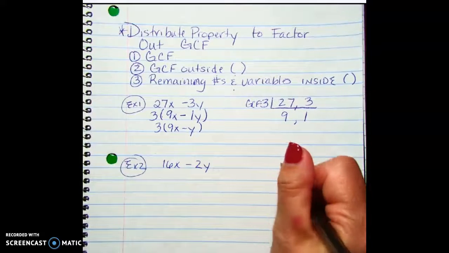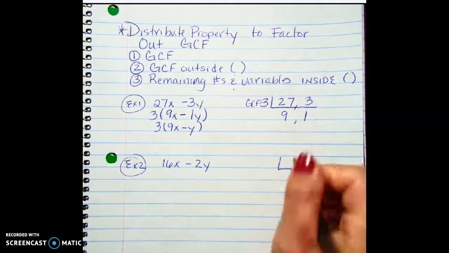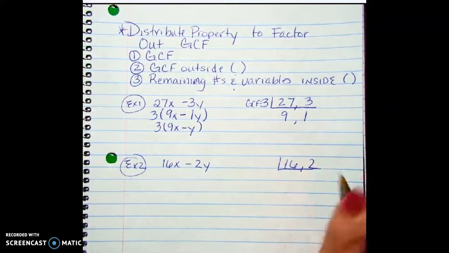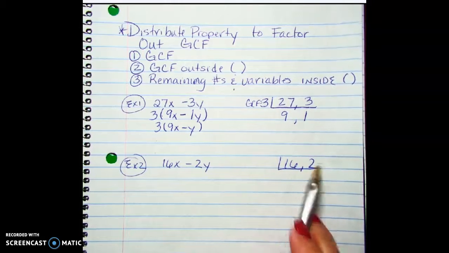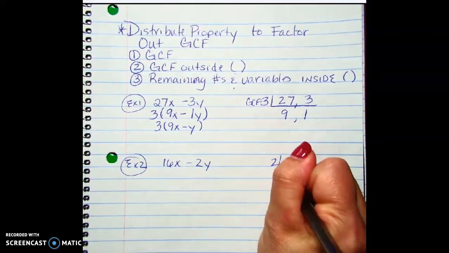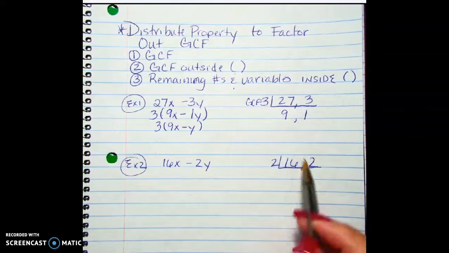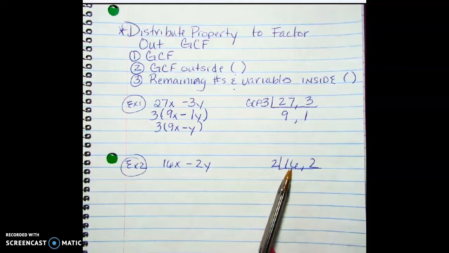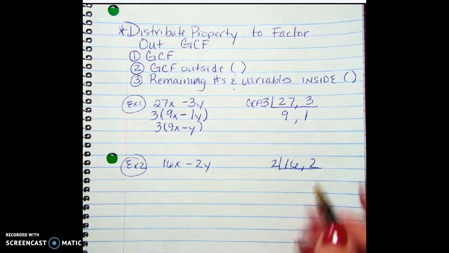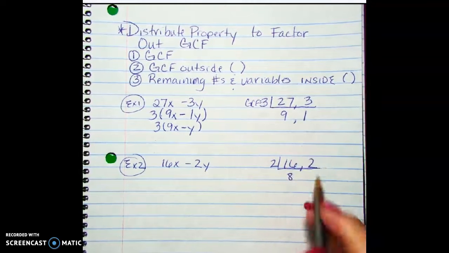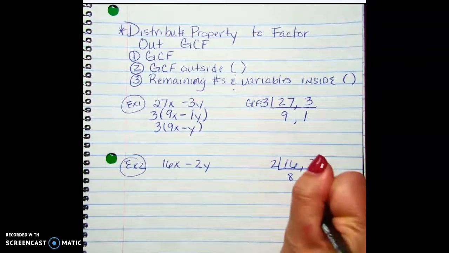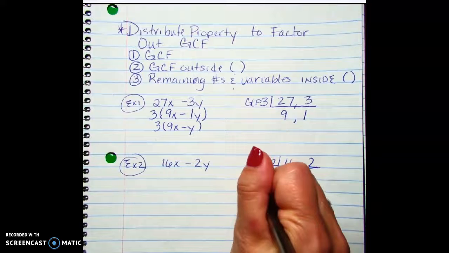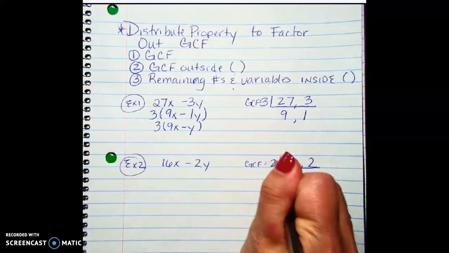We have this one, so we're going to make our upside down division symbol, or L, and we say 16 and 2. What factor do these two numbers share? They share 2. Now I'm going to write right below it what the factor is that's left over. 16 divided by 2 is 8. 2 divided by 2 is 1. So now my greatest common factor is 2.